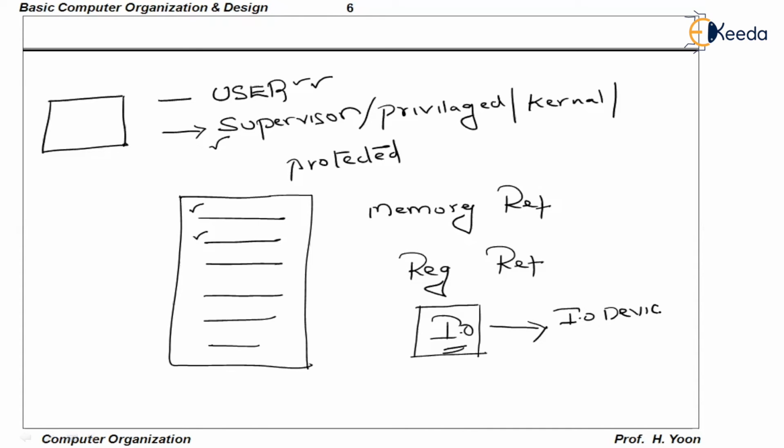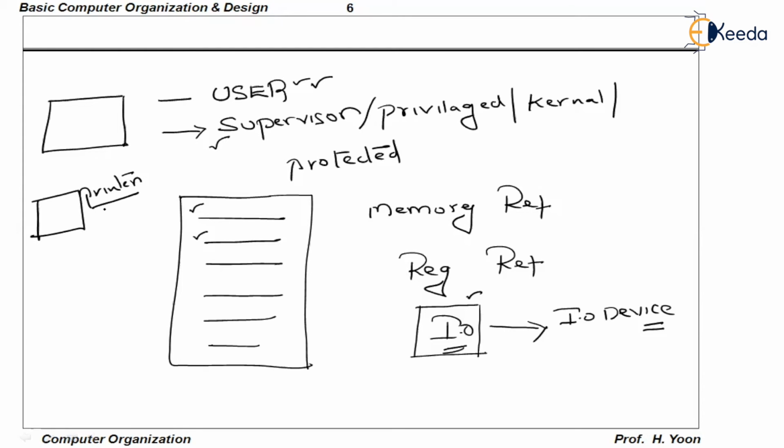Whenever you execute an IO instruction, this leads to an access to the IO device, such as printer, keyboard, mouse, or whatever. That means that when you execute an IO instruction, an IO device will have to do its duty, right? Let us say this is a printer.